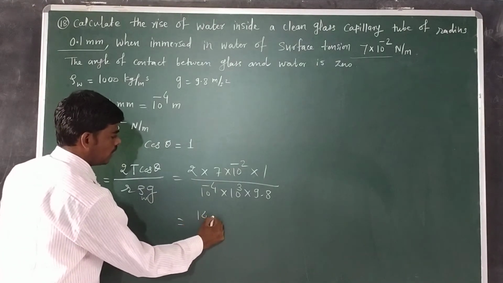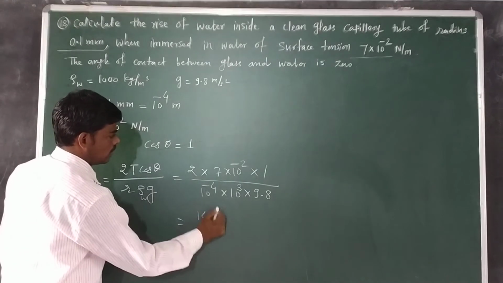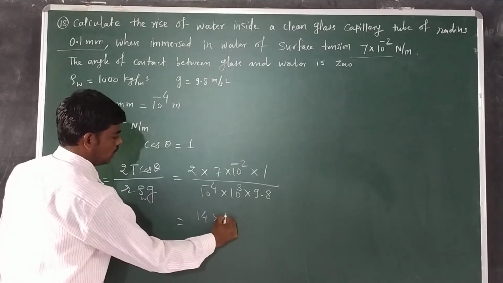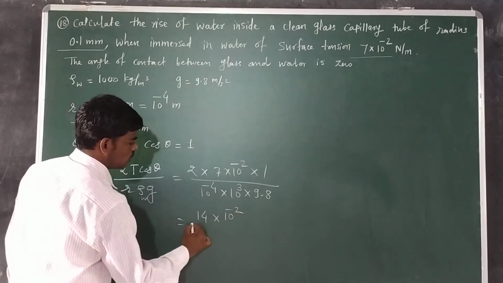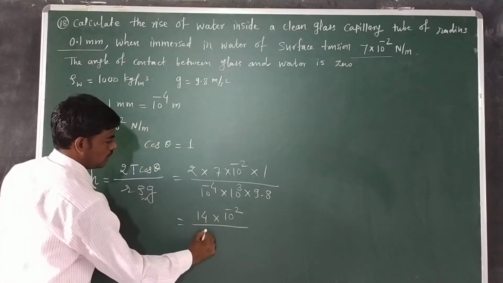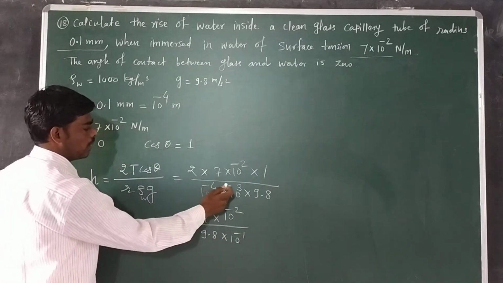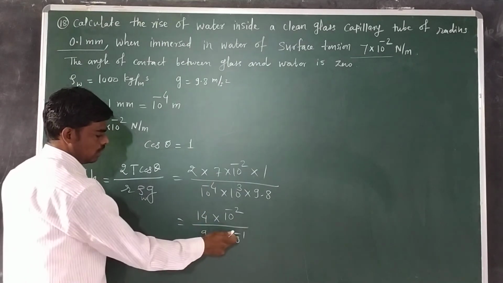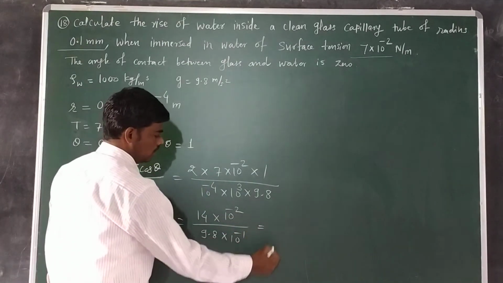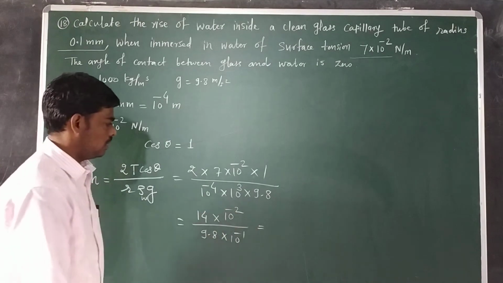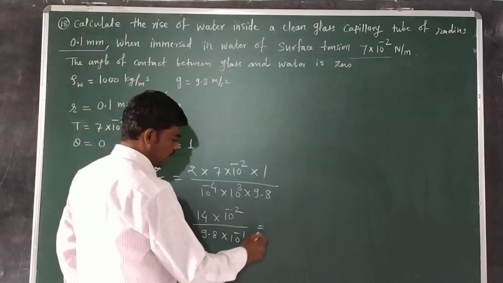It becomes 14 into 10 raised to power minus 2 upon 9.8 into 10 raised to power minus 1. Minus 4 plus 3 minus 1. So minus 1, it becomes plus 1 when it goes in numerator.